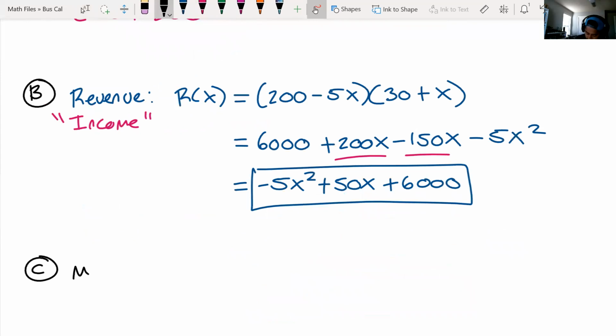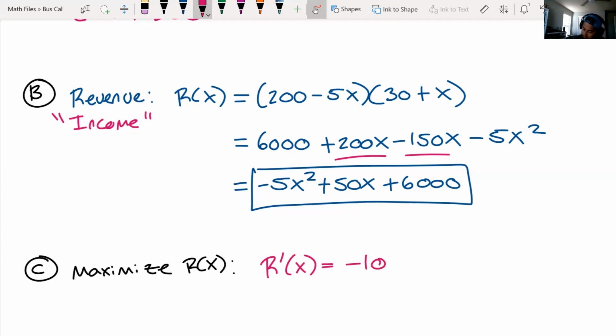So I'll just say maximize R of X. So that means we find the derivative, R prime of X, and that's going to be negative 10x plus 50.